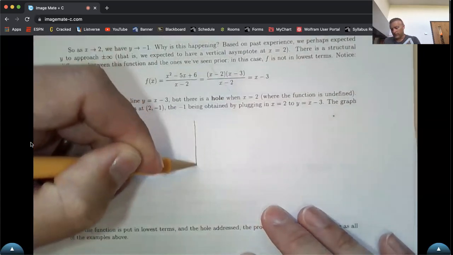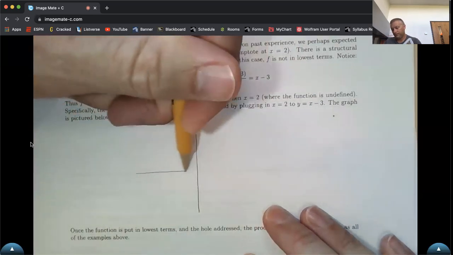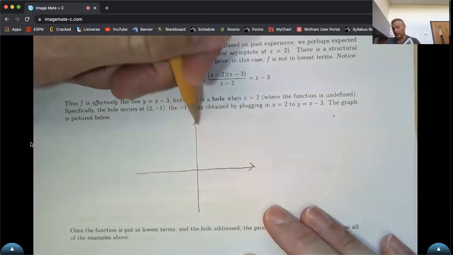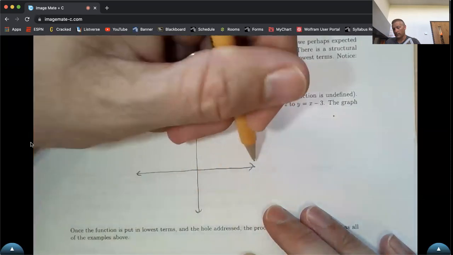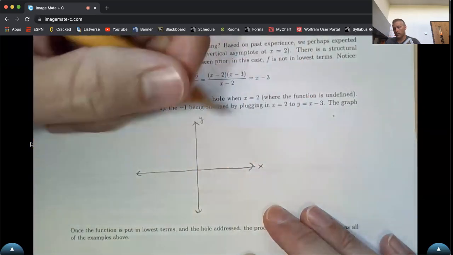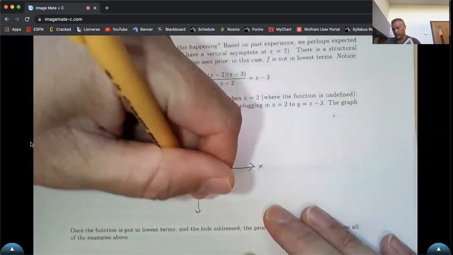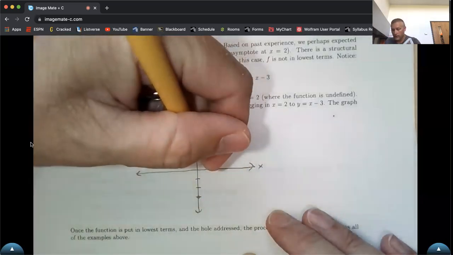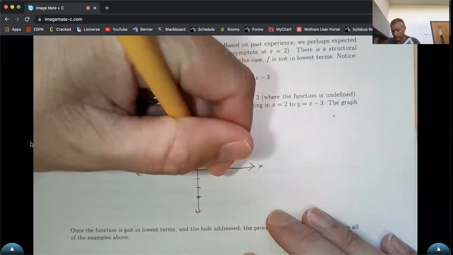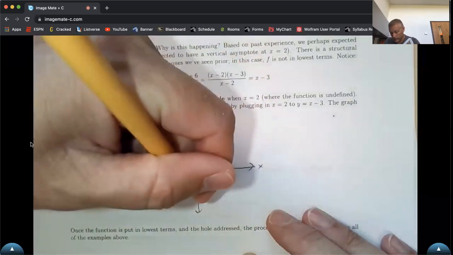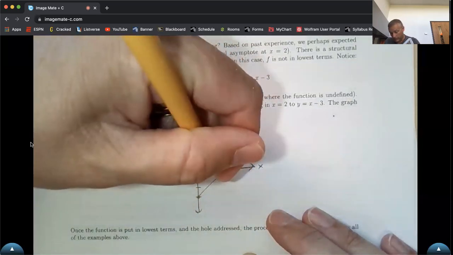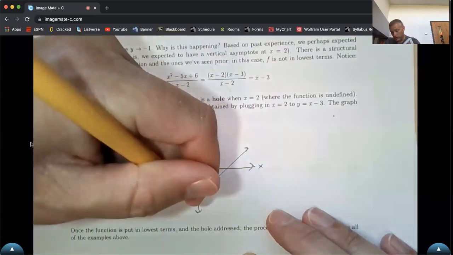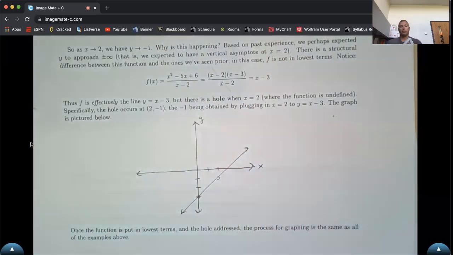So if we were to graph this, the function x squared minus 5x plus 6 over x minus 2 is effectively y equals x minus 3. So it has y-intercept -3. And we know that it passes through 2, -1. It's just that there's a hole at that point. 2, -1 was a 0 of the denominator.